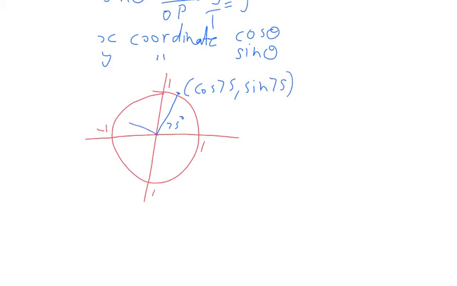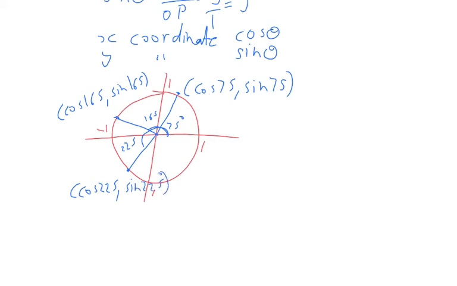If we had all the way over here, and that was 165 degrees, for example, well, then that coordinate would be cos 165, sine 165. And that's the same as if we went down here, and it was all the way around 225. That coordinate would be cos 225, sine 225.